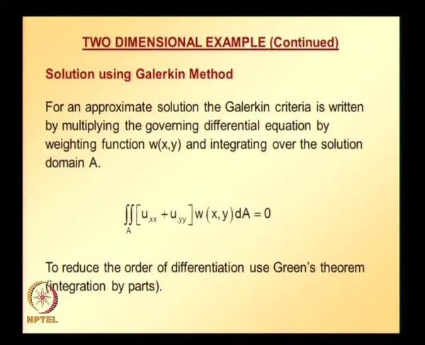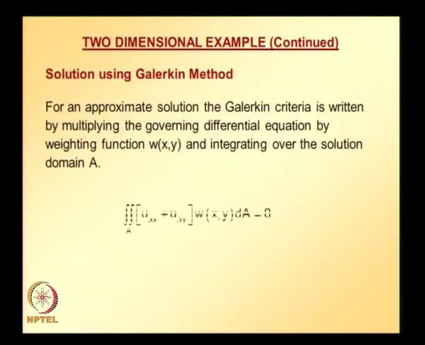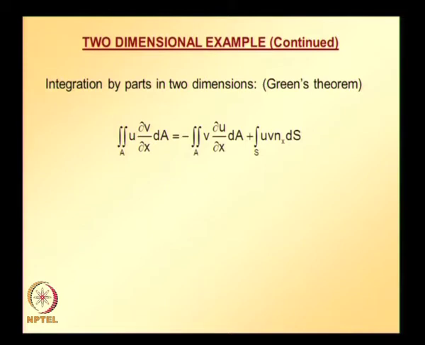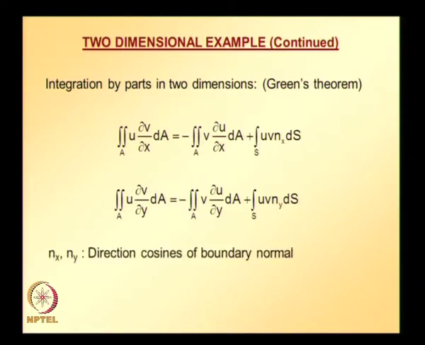So, let us briefly review the integration by parts in 2 dimensions. This is the formula, where nx and ny are direction cosines of the boundary normal.